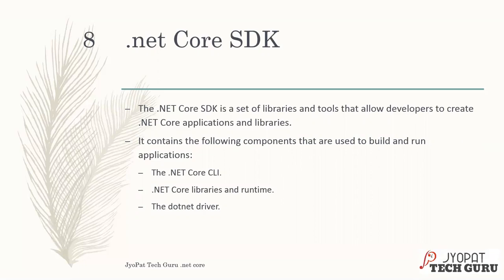It contains the following components that are used to build and run applications: the .NET Core CLI, .NET Core libraries and runtime, and the .NET driver. So these are all the features of the SDK, which gives us a set of libraries and tools that are very helpful from the developer's perspective.